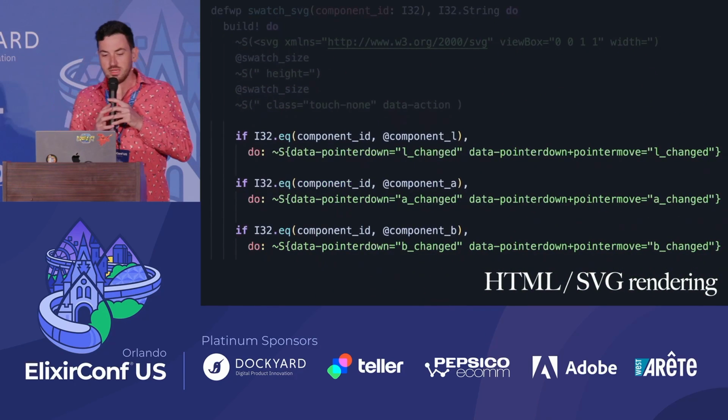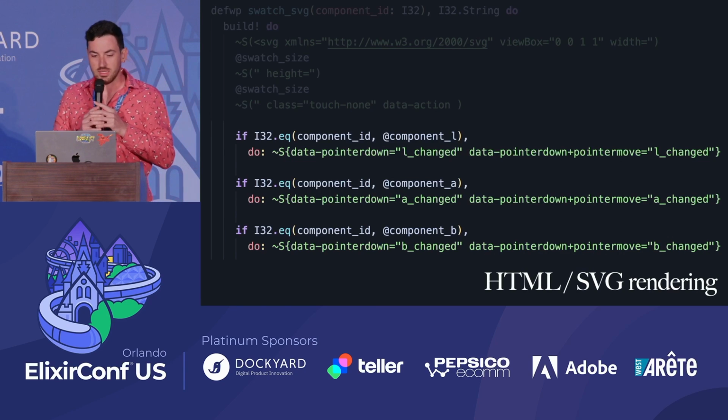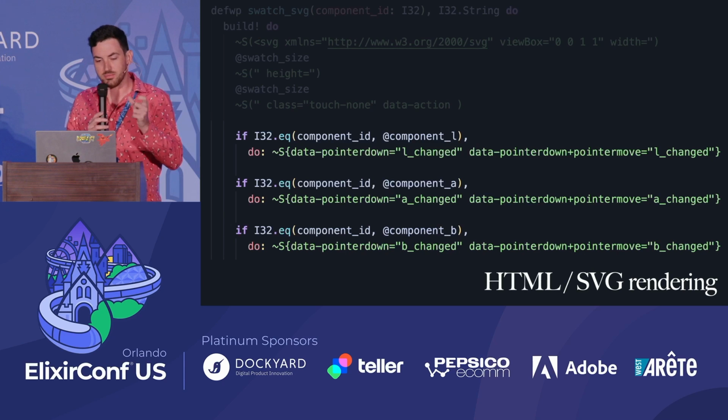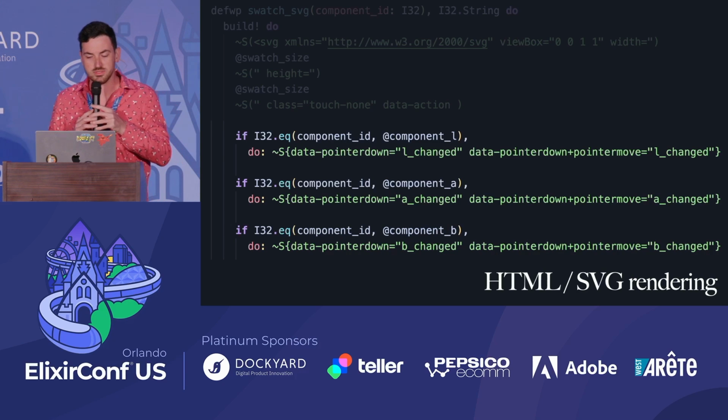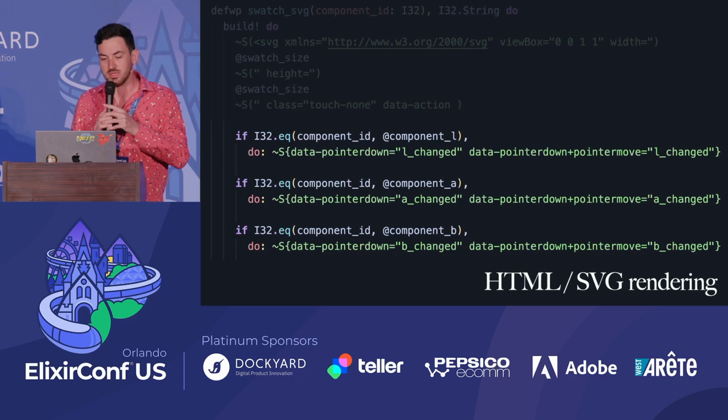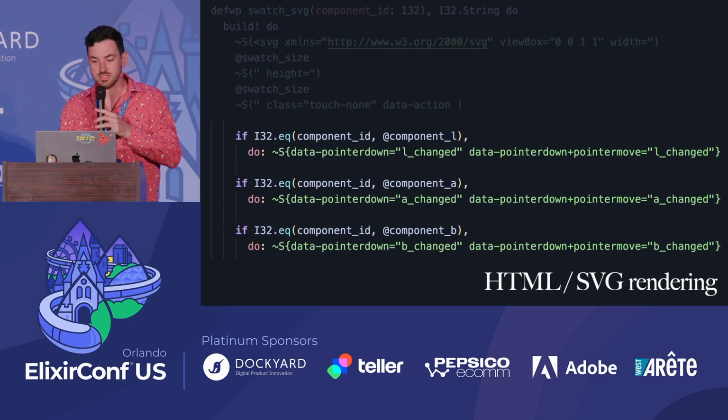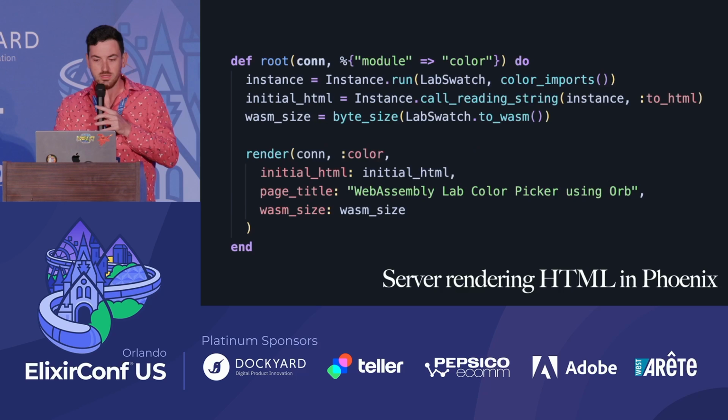And you can see here that I've added a little convenience thing that, if we're rendering the L component, then we're going to render a slightly different output here. It's just a macro in Elixir, so I can do stuff like this. I've done a bit of SwiftUI, and so I'm bringing some of those ideas across to here.